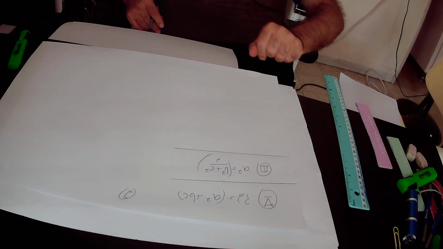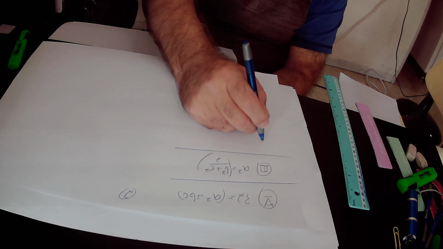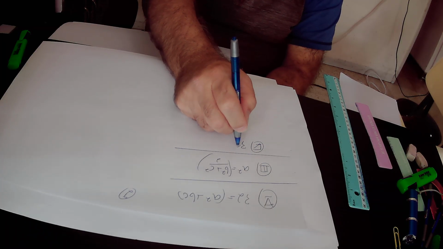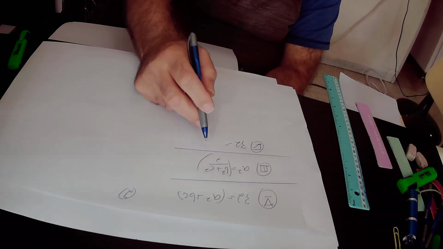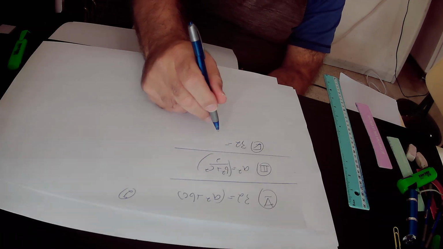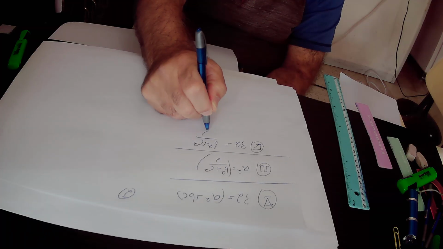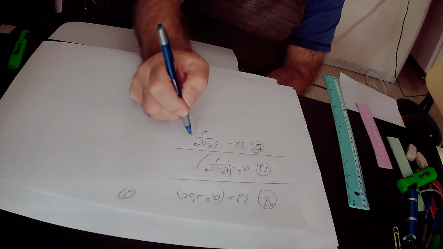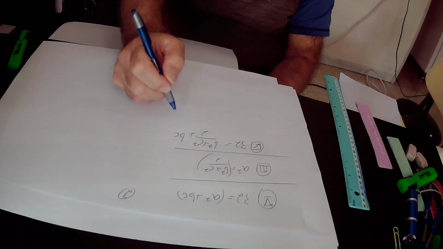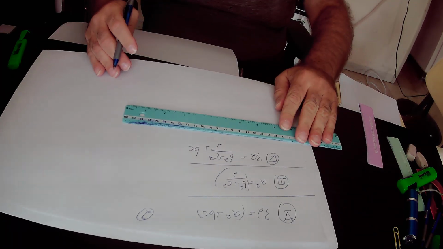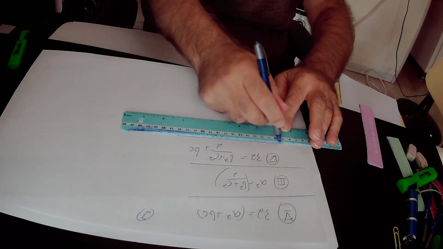So according to equation 5, 32 equals A squared, according to equation 3 is B squared plus C squared over 2, plus BC. So in total, we found that 32 equals B squared plus C squared over 2 plus BC.